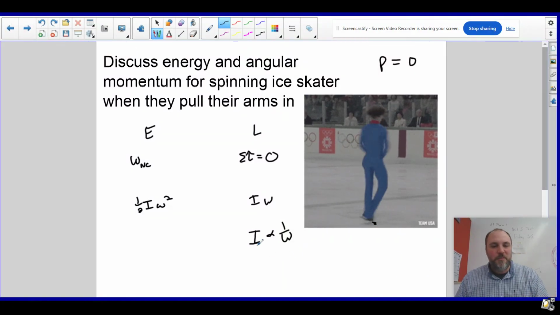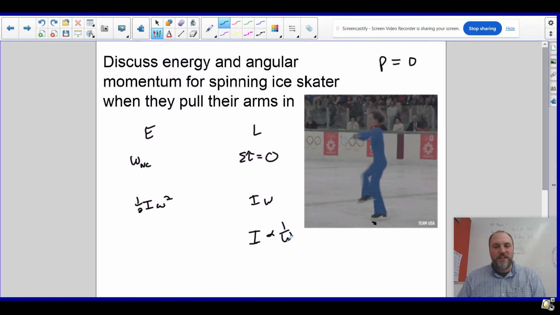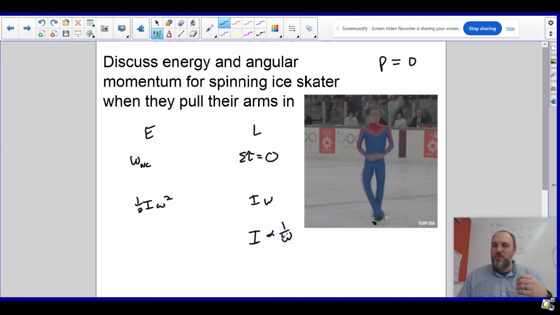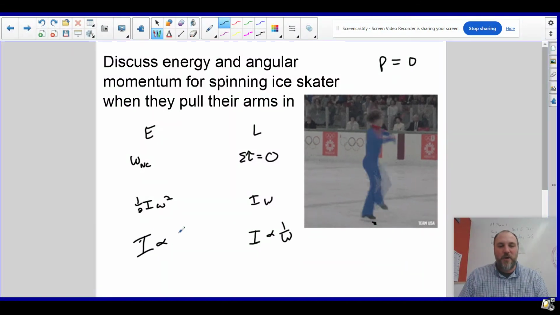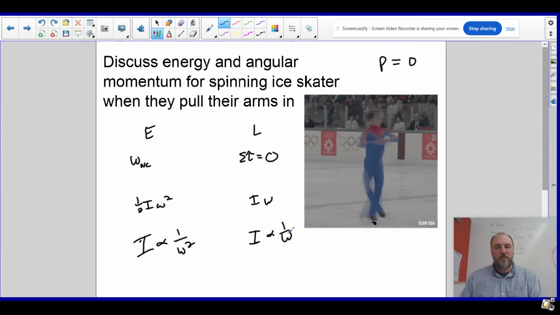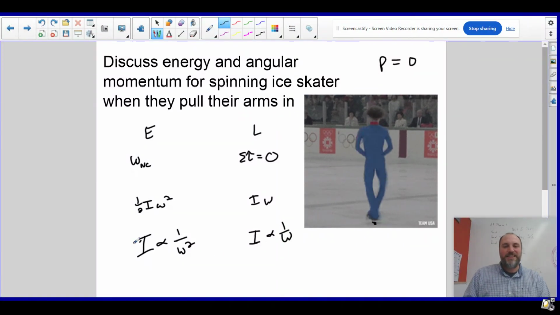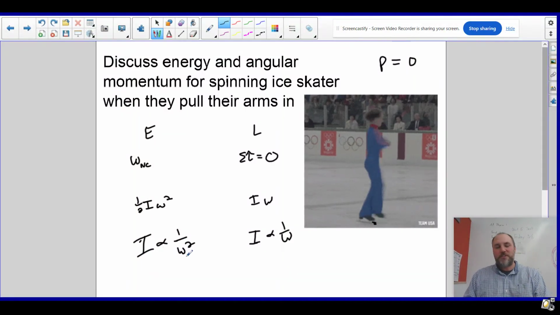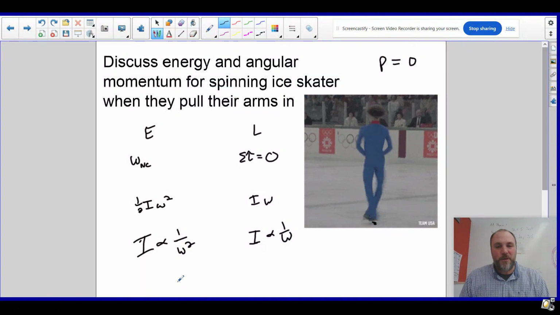But if the moment of inertia and the angular velocity are changing proportionally, could I and omega squared also change proportionally? Well, if I is changing inversely proportionally to omega, it can't also change inversely proportionally to omega squared. So we have a problem here.